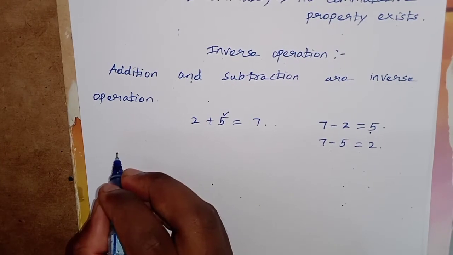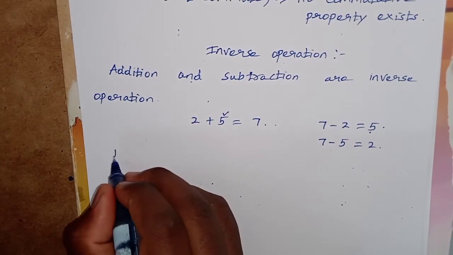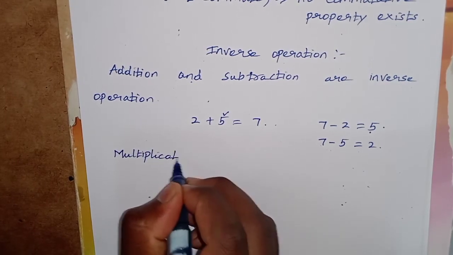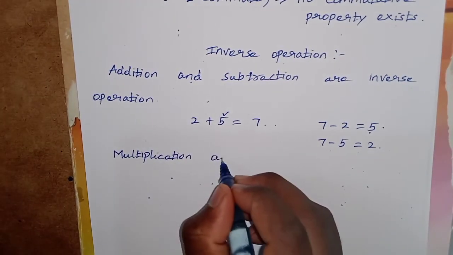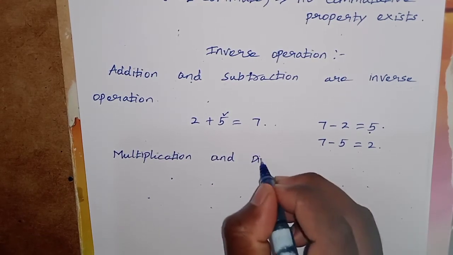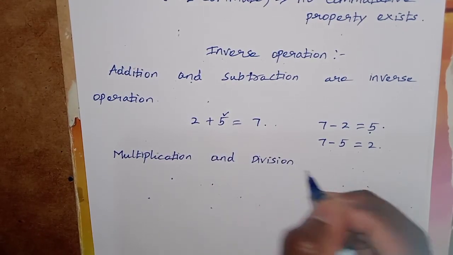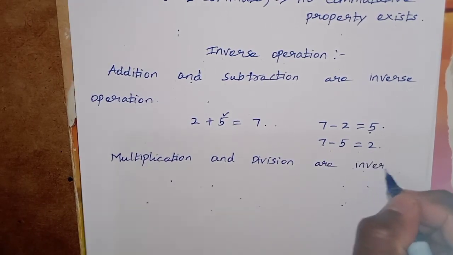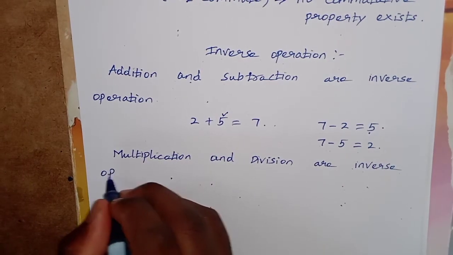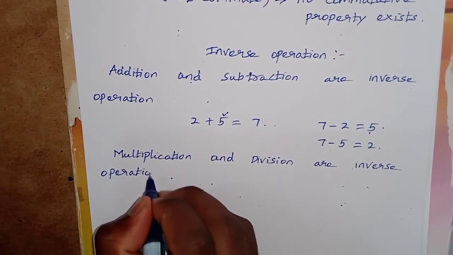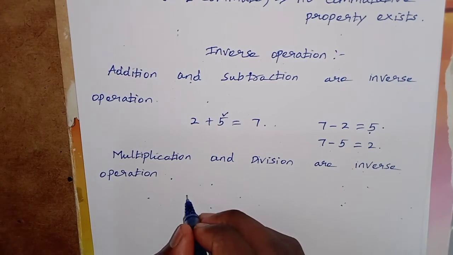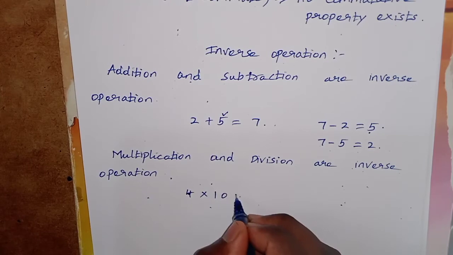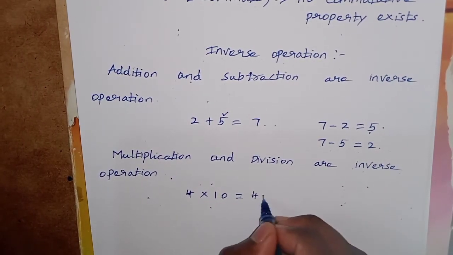Next, multiplication and division are also inverse operations. See how here 4 into 10 equal to 4 tens are 40.